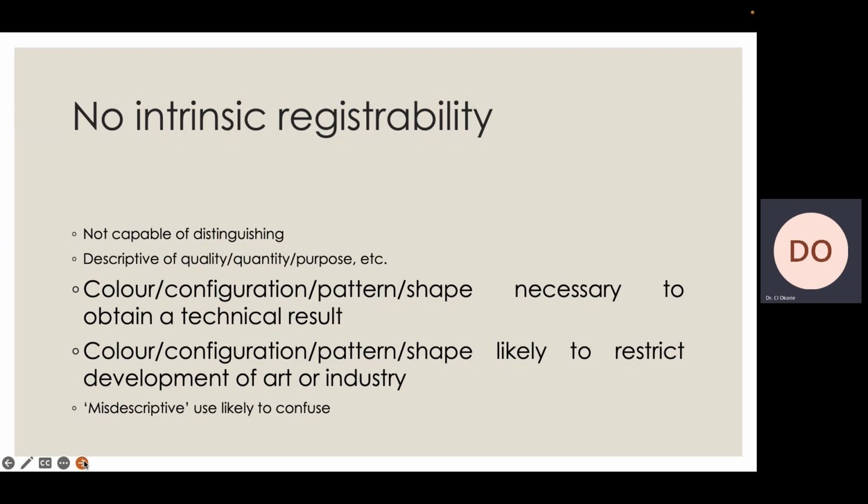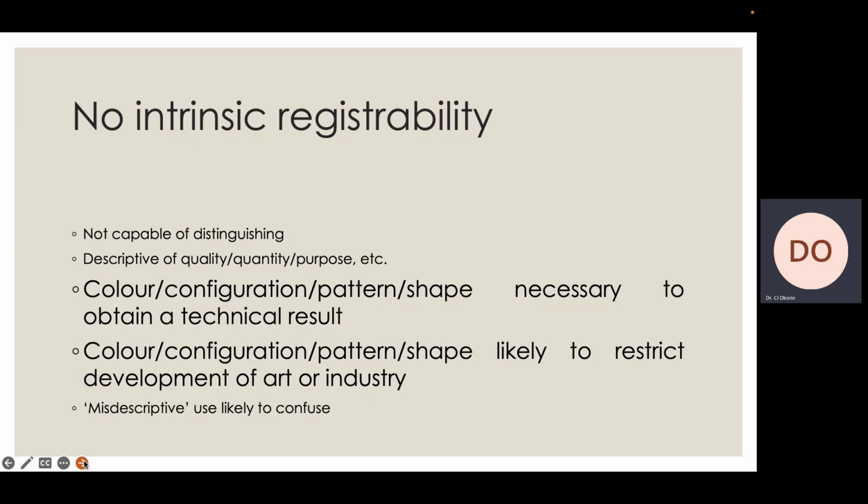Let's say you want to take, let's say, green for agricultural products, for example, because of the color of leaves and trees and all that. And now you want to take over that color or the shape of a leaf for agricultural products without anything more other than just the shape of the leaf. They could consider it as something that is likely to restrict the development of that particular industry.